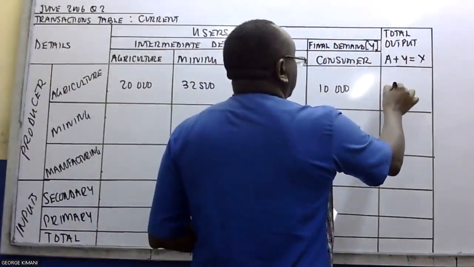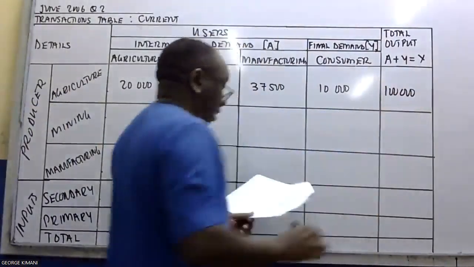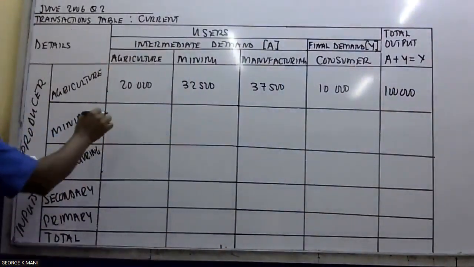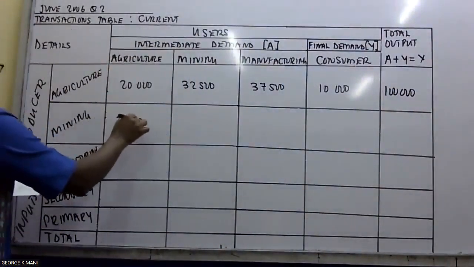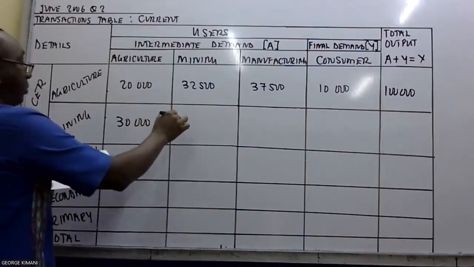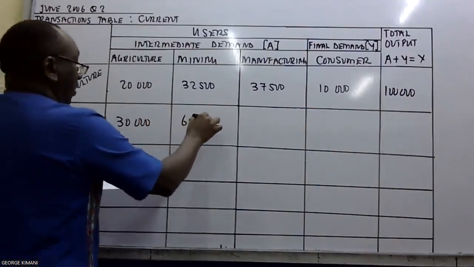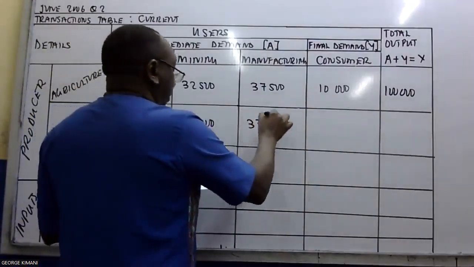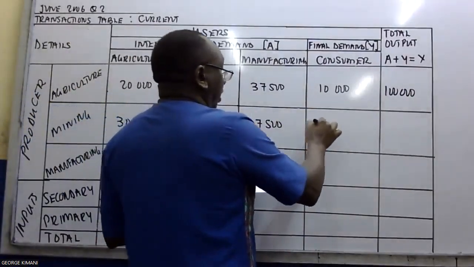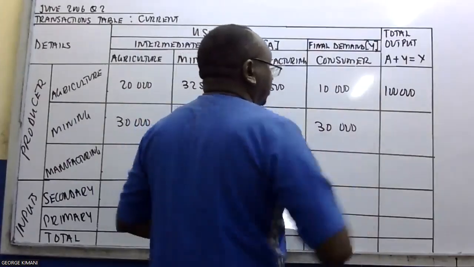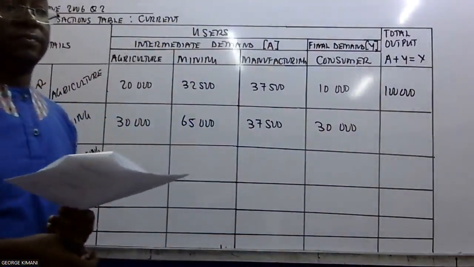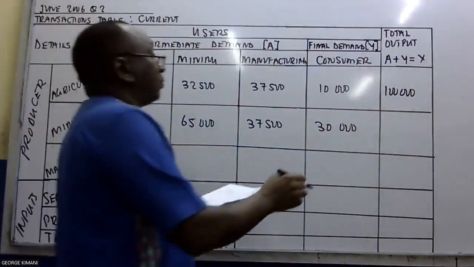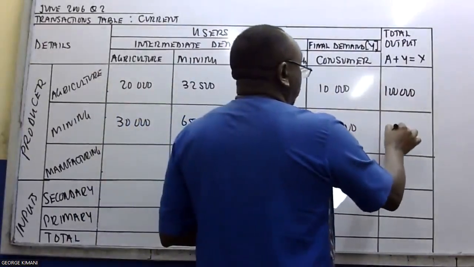$100,000. The next one, we do the same. You put 30,000, 65,000, 37,500, and 30,000. That is $162,500.